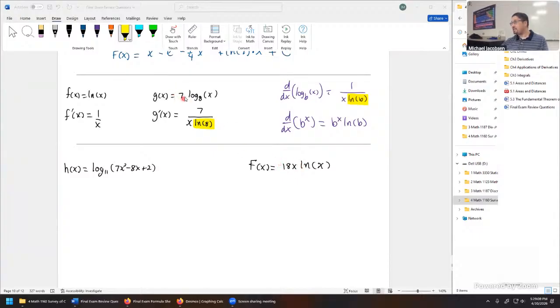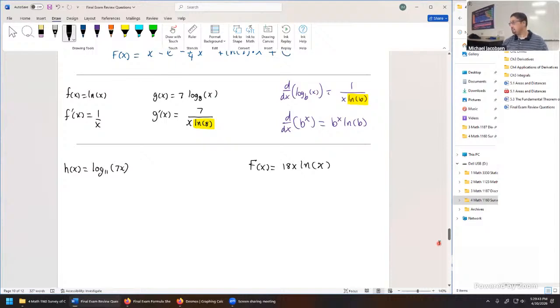If it was a 6x on the inside of the logarithmic function, it would put a 6x down below, but then you would have to multiply by 6. That one would involve a chain rule, which is effectively what we're doing on this one, but this one's just a little bit more built up. So even if it looked like this, one would still be the chain rule in that kind of format. Does that make sense for that question there?